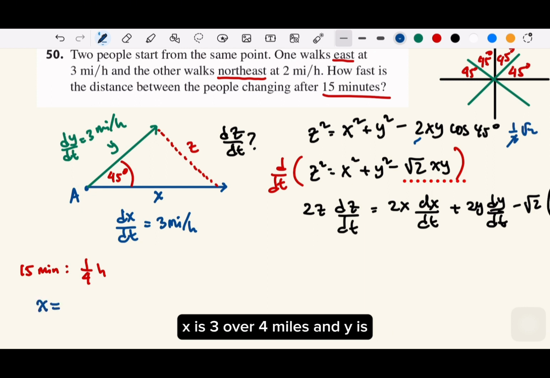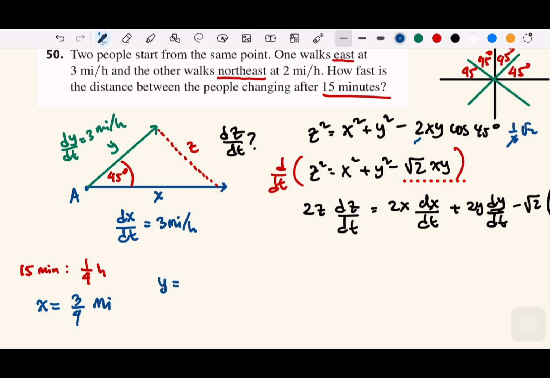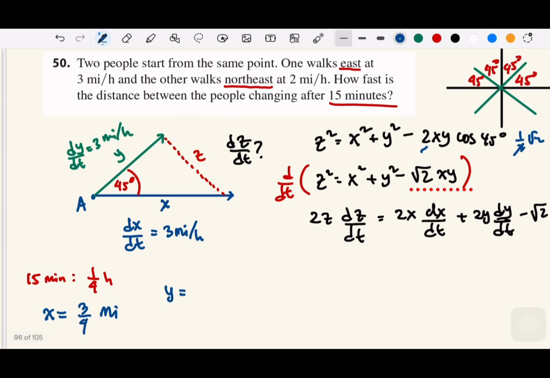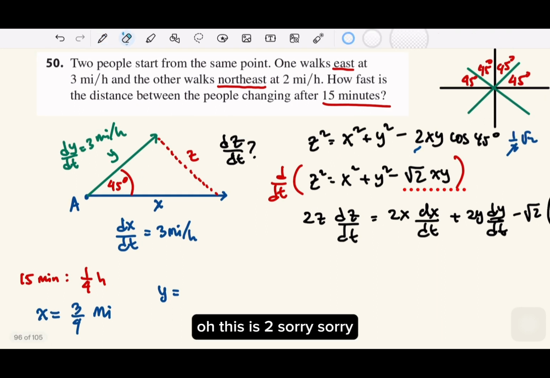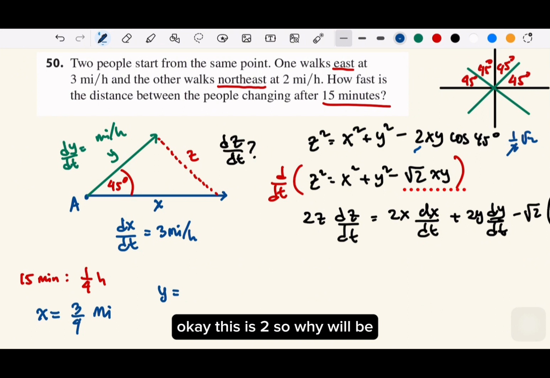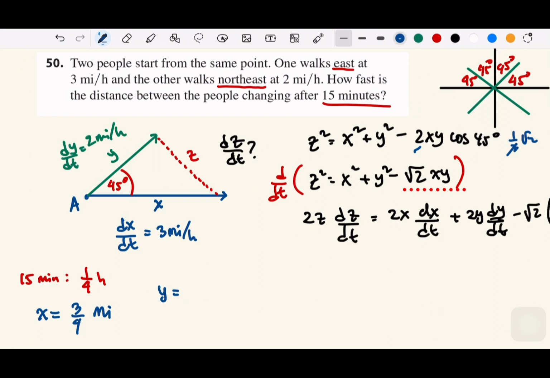So x is 3/4 miles, and y is, oh, this is 2, sorry. Okay, this is 2. So y will be 2/4, which is half a mile. Okay, so far so good.